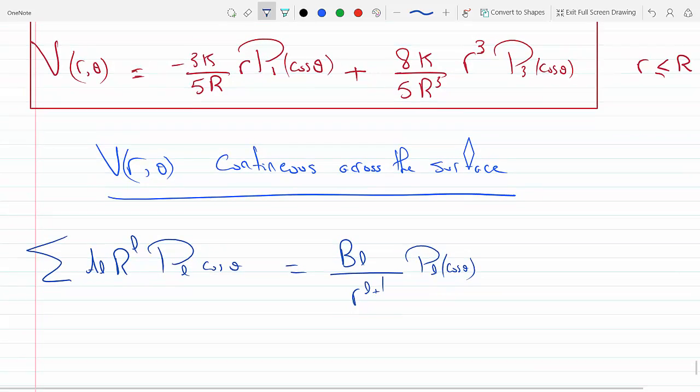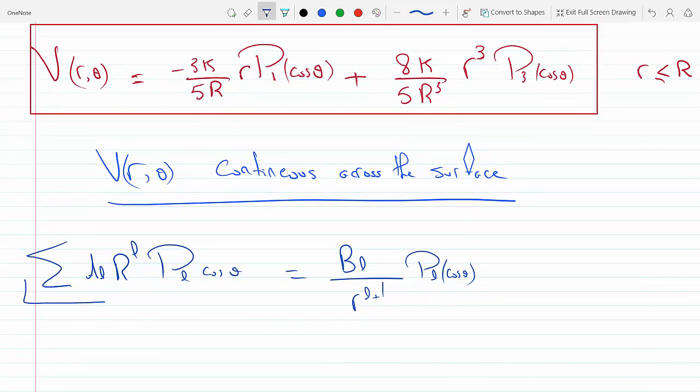But I've already found out what this is. This is supposed to be big R because I replaced small r with big R. I already found out what that is, so I could just plug it in.